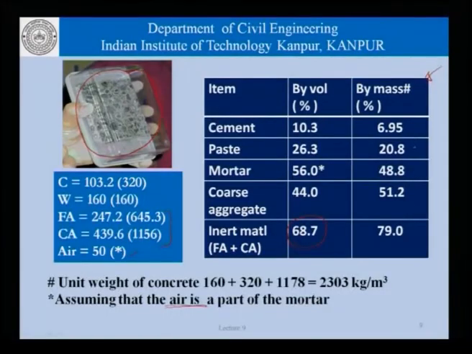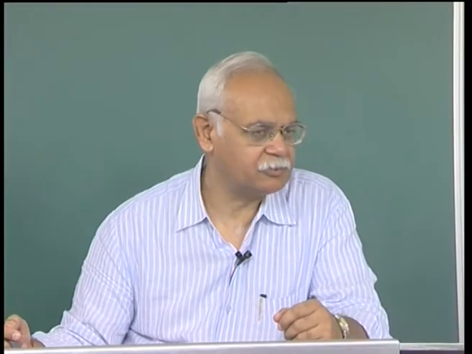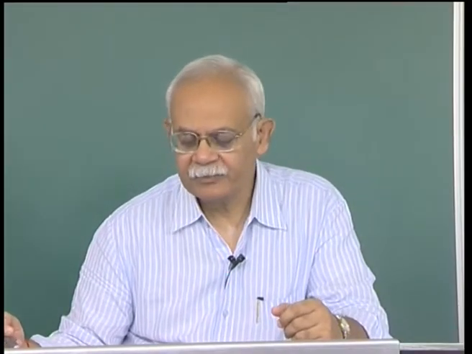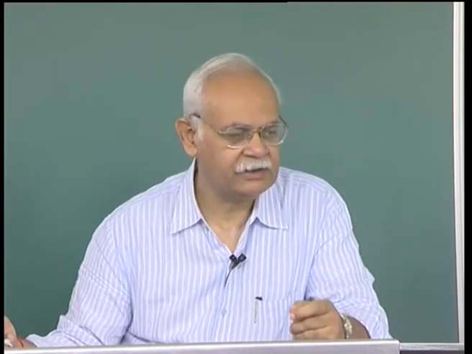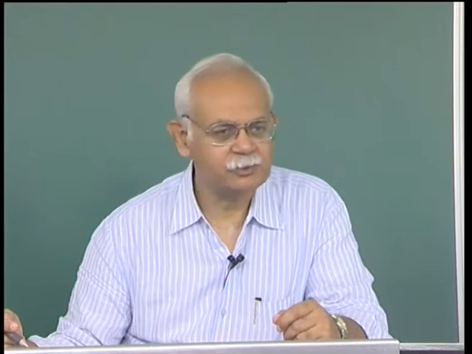And of course, if we convert it to mass, the numbers are given here, and I would like you to take a closer look at them, try to study more literature and see how they vary from one concrete to another, from one mix proportion to another. And obviously, if we change the water cement ratio, the water content and so on, all these numbers will change.